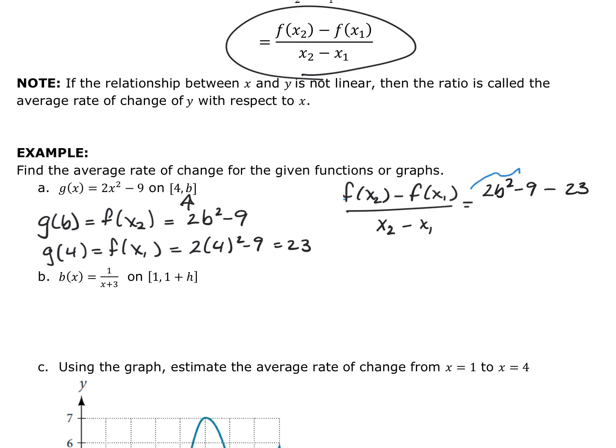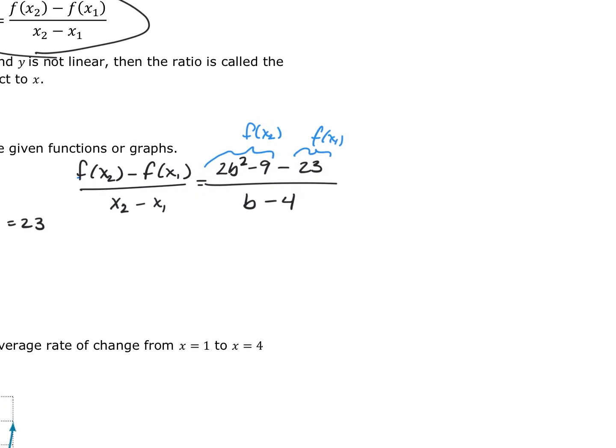Now, this represents f of x sub 2, and this represents f of x sub 1. All over x sub 2, which is b, minus x sub 1, which is 4. So this is going to be 2b squared minus, well, this is 32 over b minus 4.